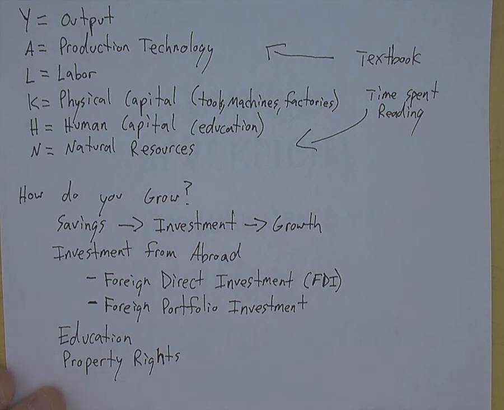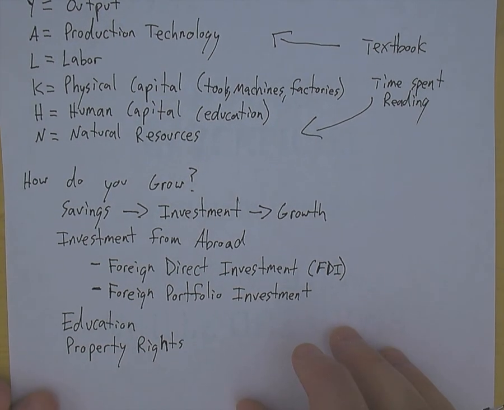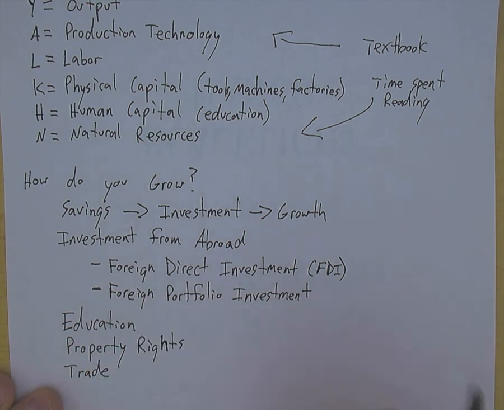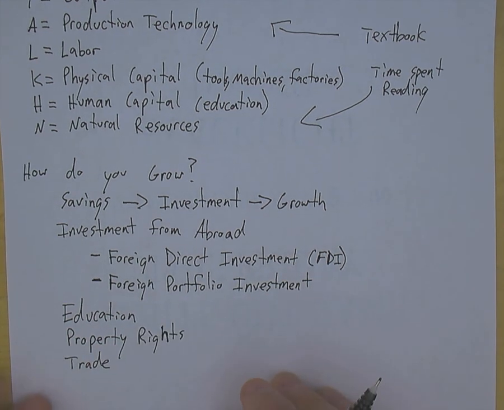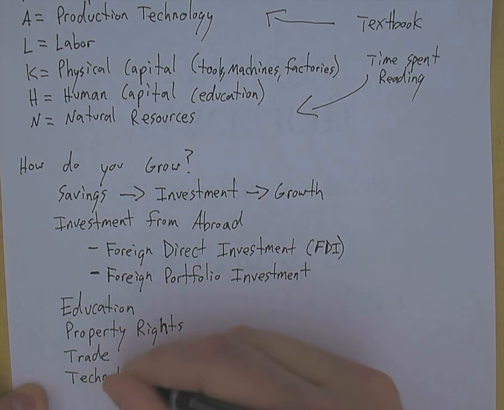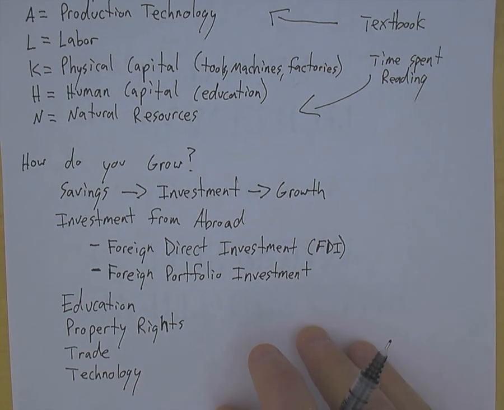Property rights, the idea that you own something. If you own something, you'll take care of it. You have contracts that make things happen. You have the government's guarantee that if something gets stolen, they will get it back for you. This is really critical also, and we'll get into more of this next week, why property rights are so critical to growth. Our good friend trade pops up again too. We saw this with China, with East Asia. It really leads to growth. And finally, we have technology. The more technology you have, the easier it is to grow.